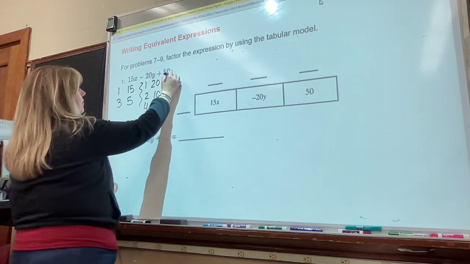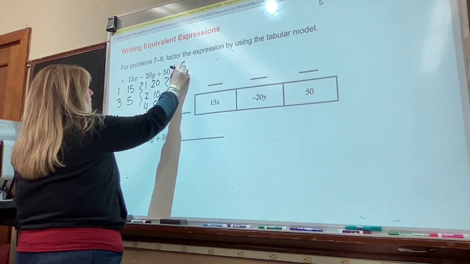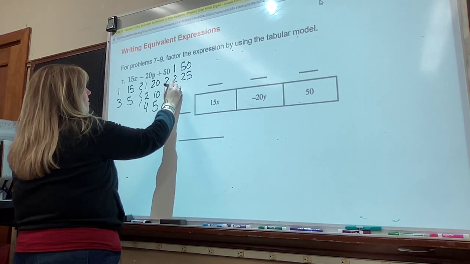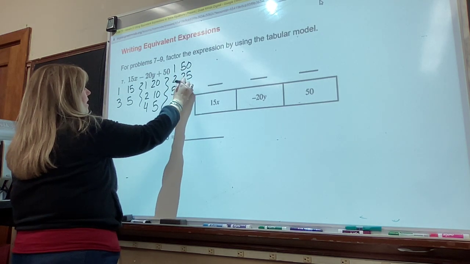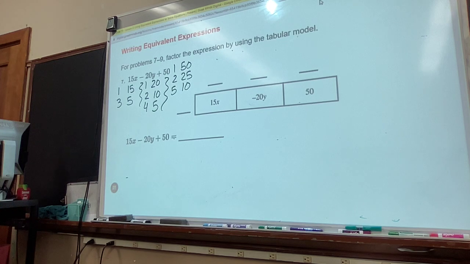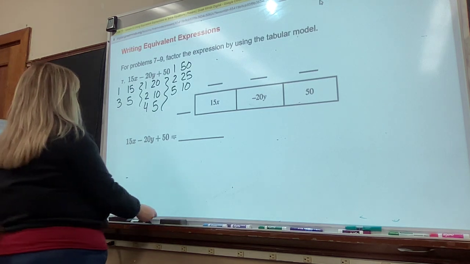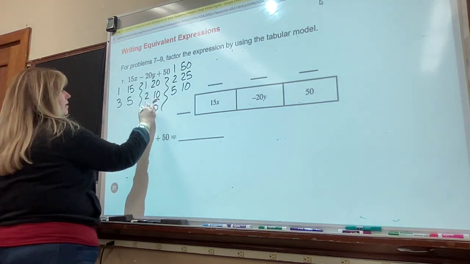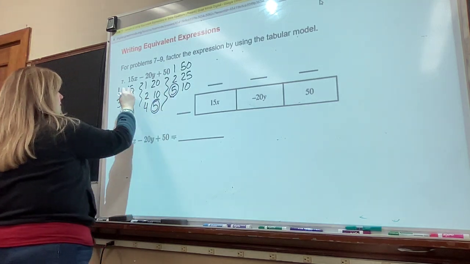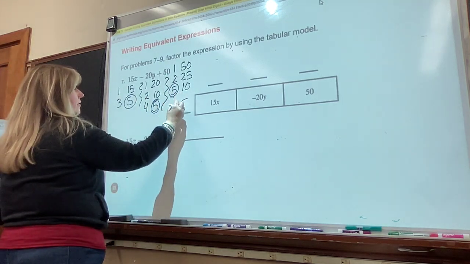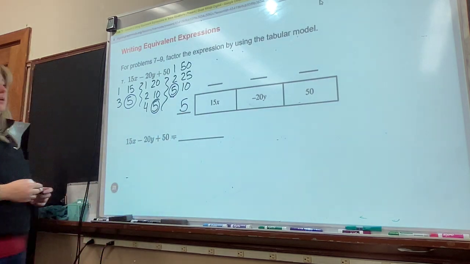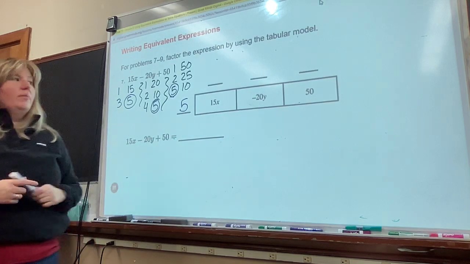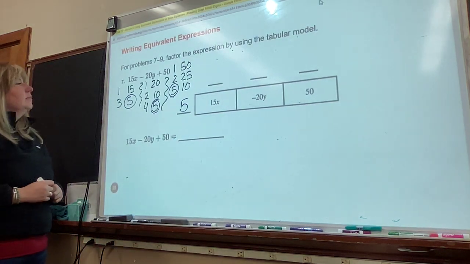And now the factors of 50: 1 and 50, 2 and 25, 5 and 10. With this list, I can definitely find a greatest common factor of 5. So 5 is going to be what goes on the outside of my tabular model or area model.